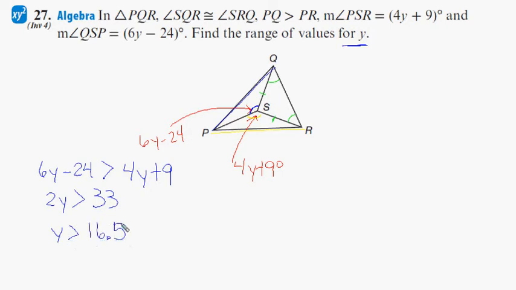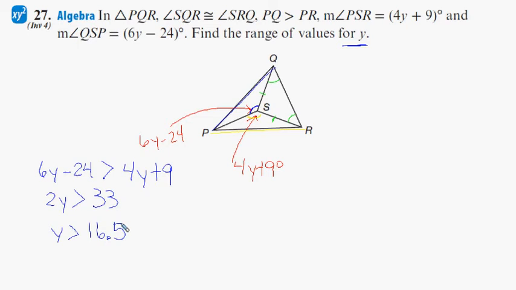Well, that's good, but maybe it's not enough, okay? The other thing that we know is that 6y minus 24 has to be less than 180. Now I know this feels a little weird, but the idea here is that we know that this blue angle is bigger than the yellow one.